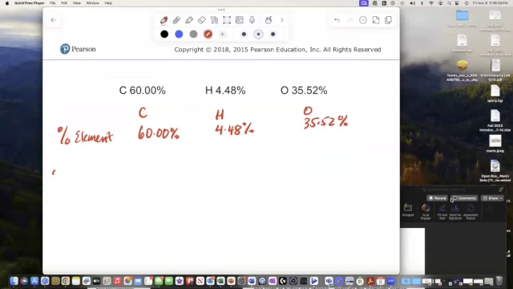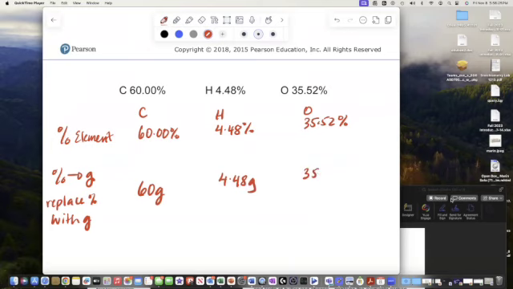And then I go from percent to grams. So you want to add these numbers. When I add these numbers real quick, it adds up to 100. So I'm just going to replace percent with grams, right? So this becomes 60 grams. This becomes 4.48 grams. This becomes 35.52 grams. And we're done with grams.